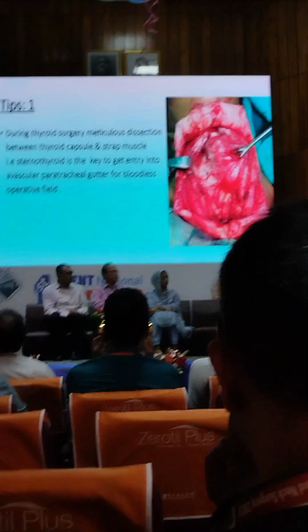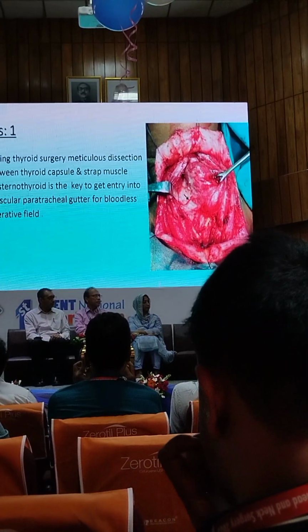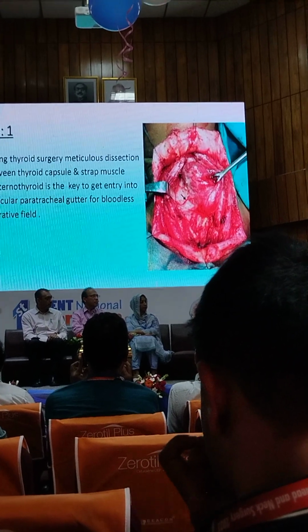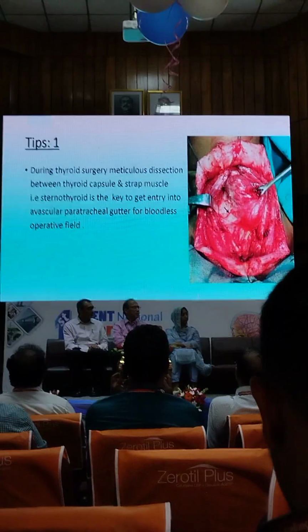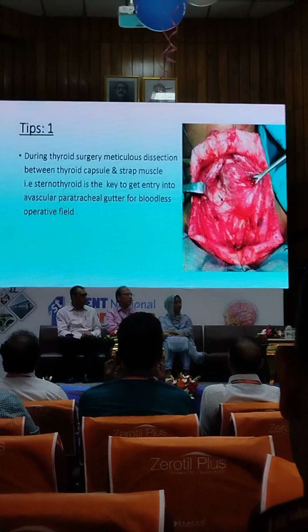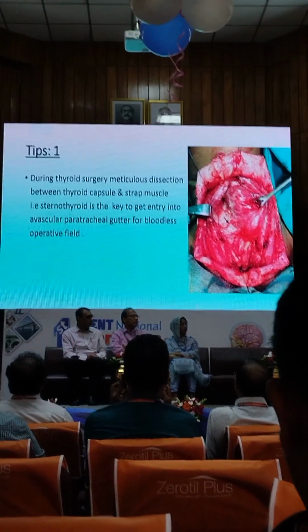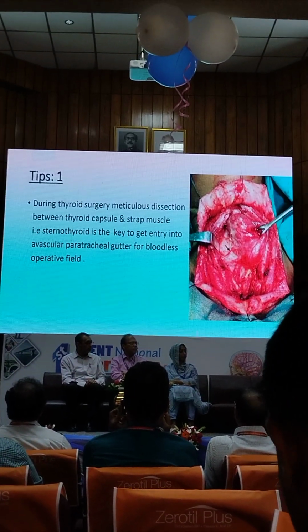Tips for the strap muscles. During thyroid surgery, meticulous dissection between the thyroid capsule and strap muscle is key to getting entry into the avascular paratracheal gutter for a bloodless operative field.